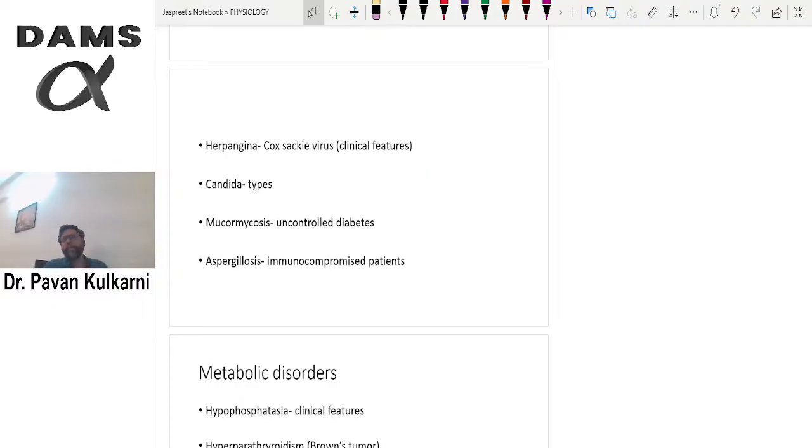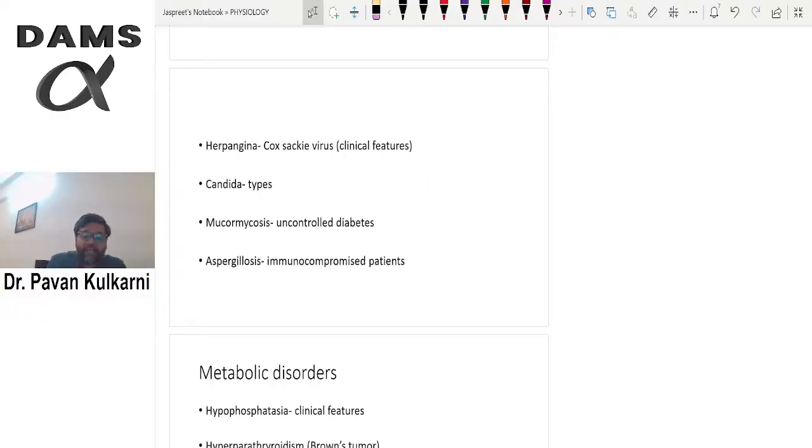Coming on to mucormycosis and aspergillosis, these are again very favorite topics. Why? Clinically both look similar. There is a difference in the underlying condition. Mucormycosis is seen in uncontrolled diabetes patients. If a diabetic patient's sugar level is not controlled, they are at high risk of developing a fungal infection, that is mucormycosis.